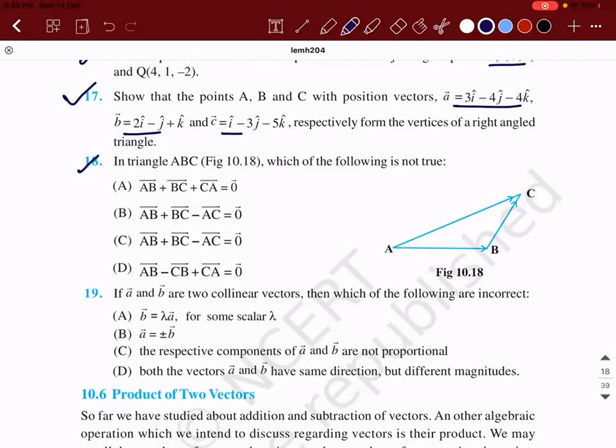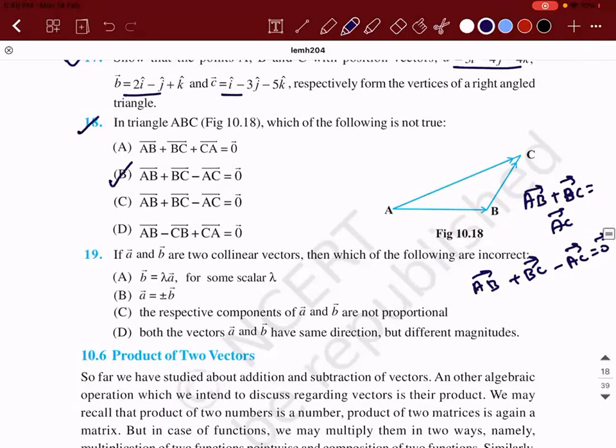18th. Which of the following is not true according to this diagram? AB vector plus BC vector is equal to how much? AC vector. Yes, AB vector plus BC vector is equal to AC vector. So AB vector plus BC vector minus AC vector is 0 vector. Accepted.